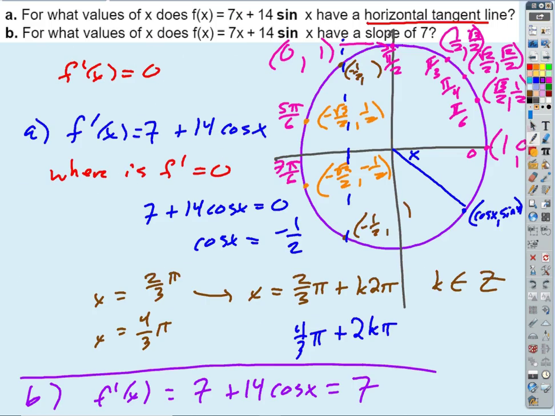So where on the unit circle is cosine equal to 0? Pi over 2, and 3 pi over 2, right? Okay. So then, if we keep that trend, I'm going to go pi over 2, 3/2 pi, 5/2 pi, 7/2 pi. If I go backwards, I've got -pi/2, -3/2 pi.